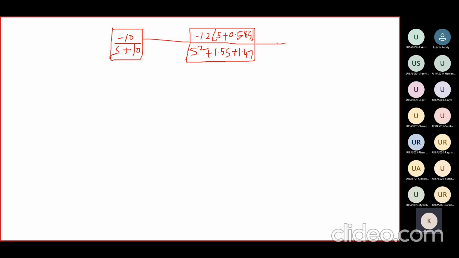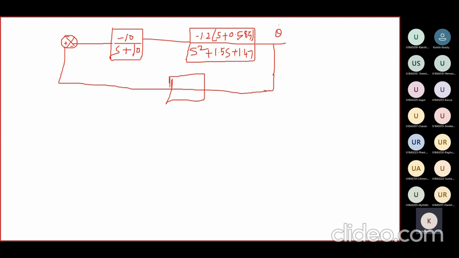From that I get theta dot, and the rate feedback is given to here. This is the rate gyro sensitivity. Here we put the rate gyro sensitivity as a feedback.